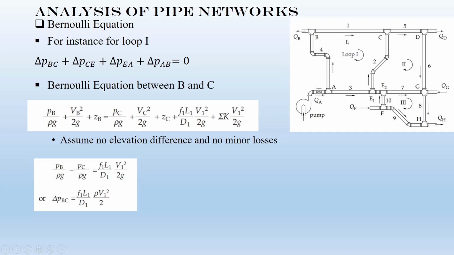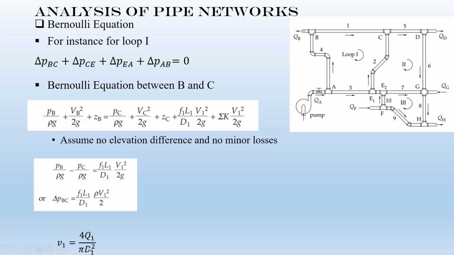So if we have a circular pipe, we can find a correlation for velocity from the definition of volumetric flow rate. So we can write the volumetric flow rate Q1 equals A1 times V1, and then from here you can find V1.